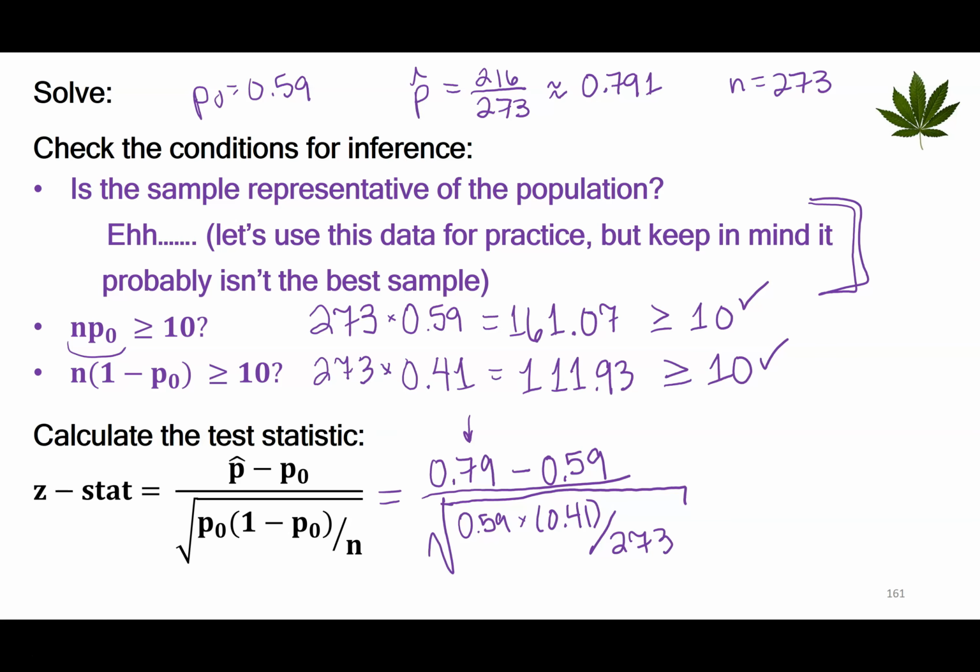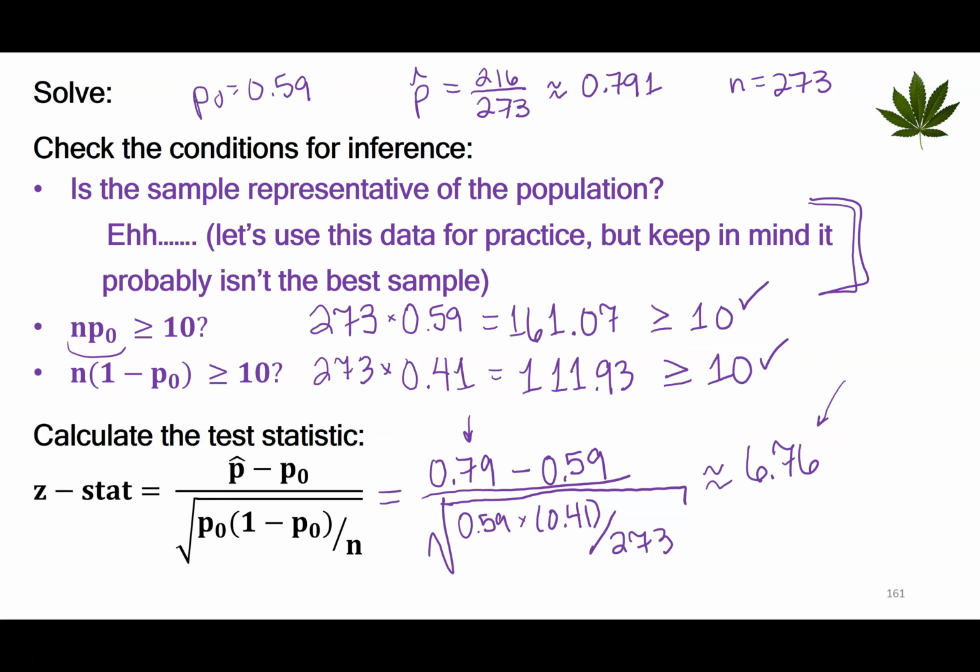It's going to be big, which isn't really too surprising. That's about 6.76. This is really big. In general, if you get a z statistic that's further away from 0 than 3, so like if it's lower than -3 or higher than +3, it means you're going to have a very small p-value. And the p-value is going to be really tiny.